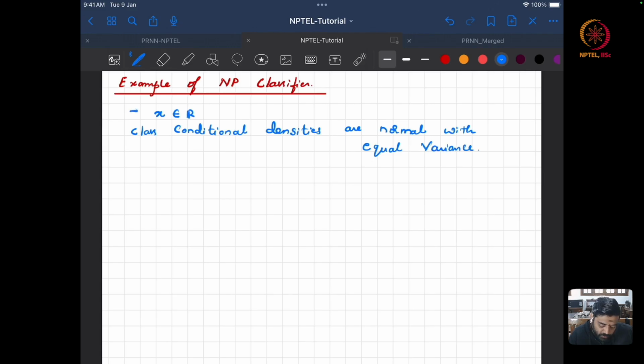Without loss of generality, we are assuming that mu0 is less than mu1.